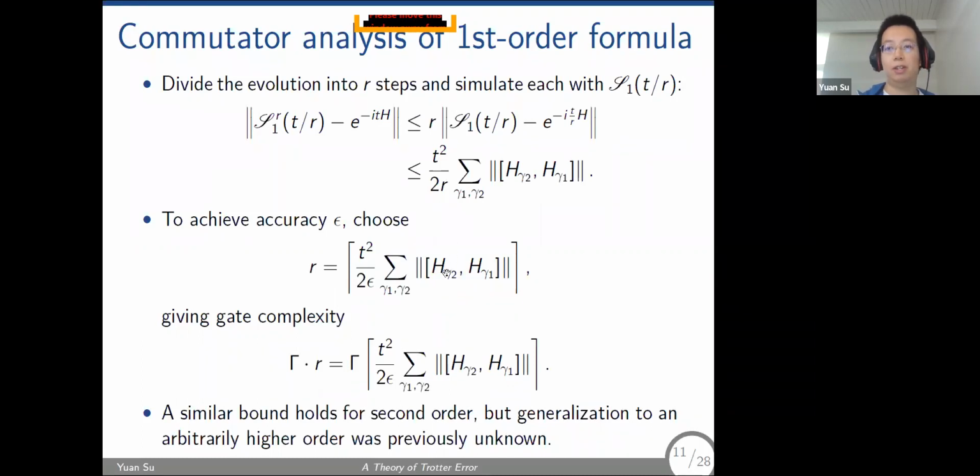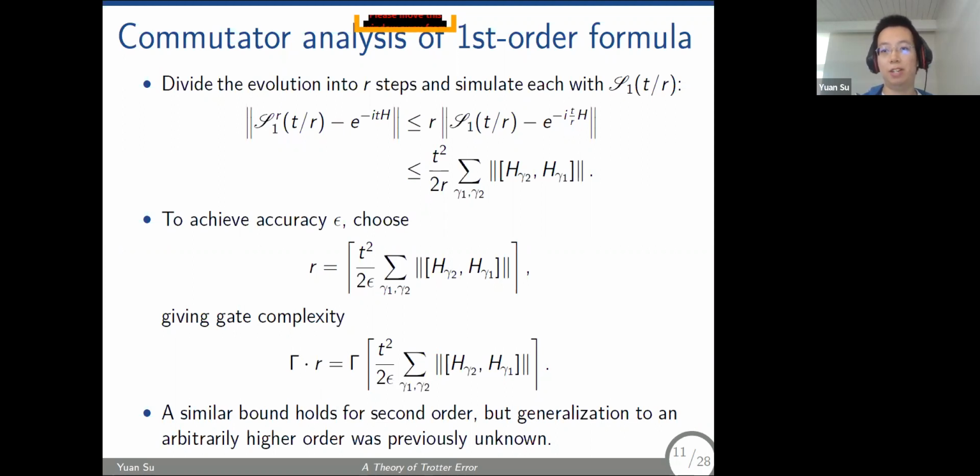Then correspondingly, the gate complexity will just be the number of steps times the cost per step. So this will be R times gamma, which gives the final gate complexity of this algorithm. So that's basically the analysis of the first-order Trotter formula.